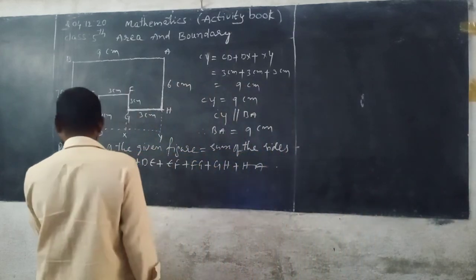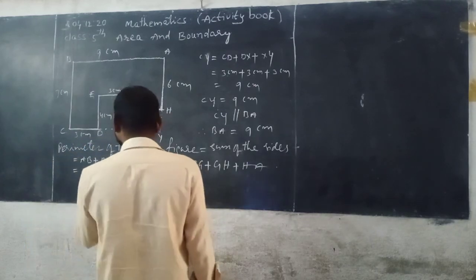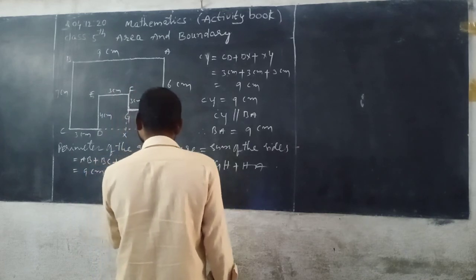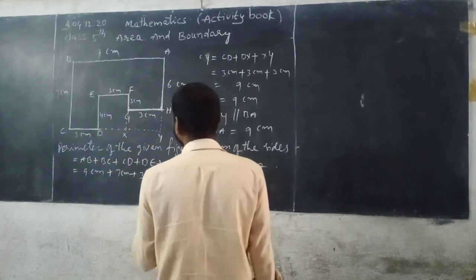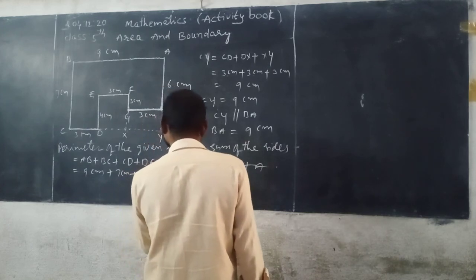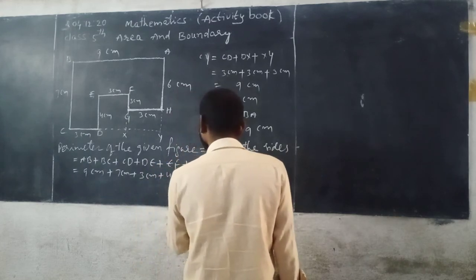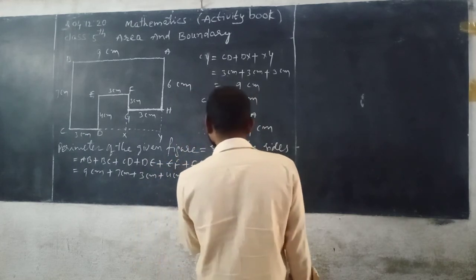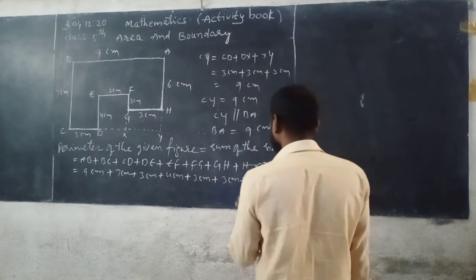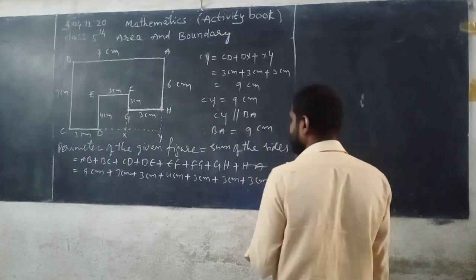AB is equal to 9 centimeter. Substitute the values. BC is equal to 7 centimeter. CD is equal to 3 centimeter plus DE is equal to 4 centimeter. EF is equal to 3 centimeter. FG is equal to 3 centimeter. GH is equal to 3 centimeter. HA is equal to 6 centimeter.